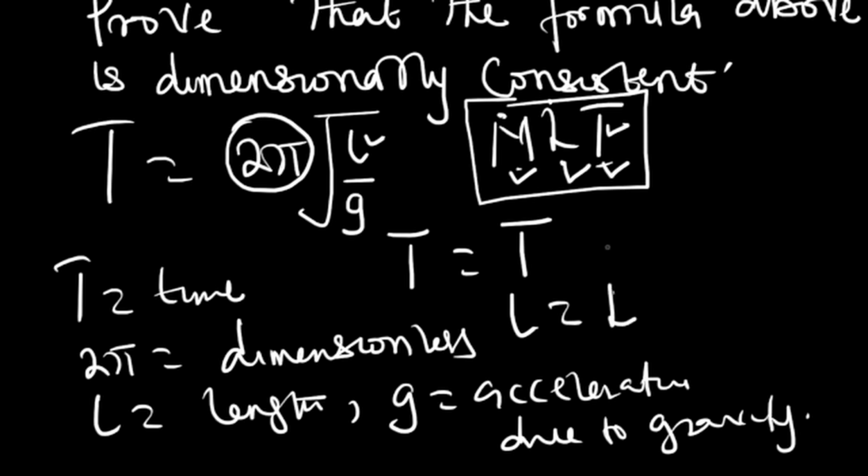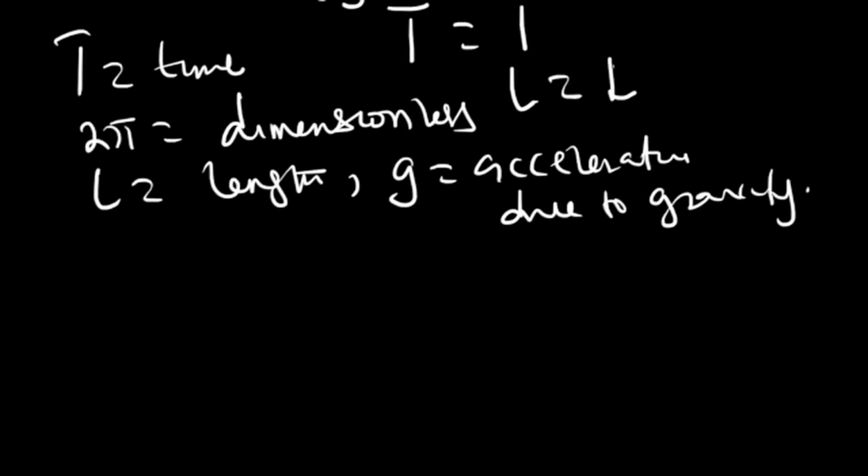Now for the G, the dimension for G can be determined through its units or through the definition. Now, how do I get this? From the definition, we say that acceleration is the rate of change of velocity with respect to time, or we can also use its units to determine its dimension.